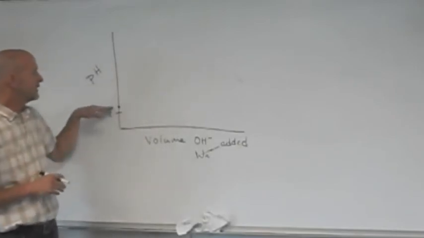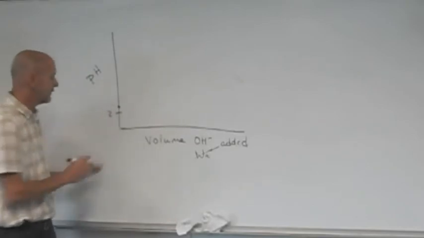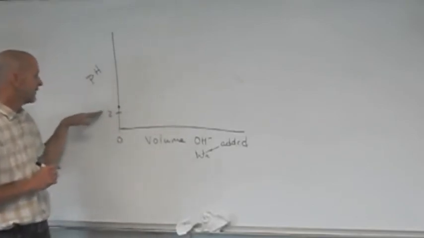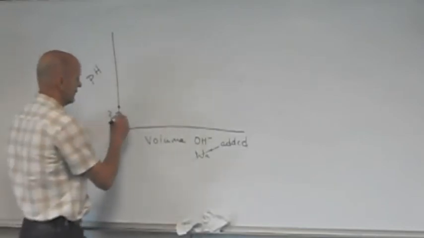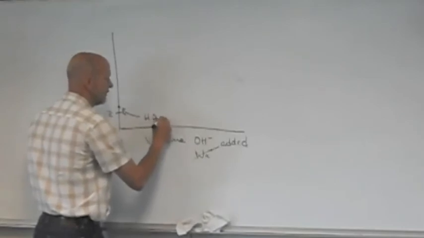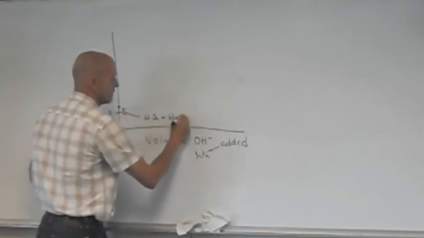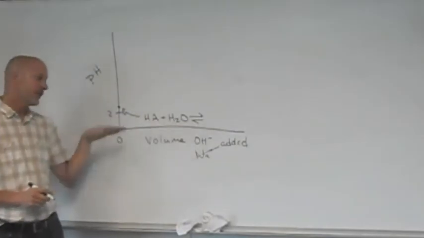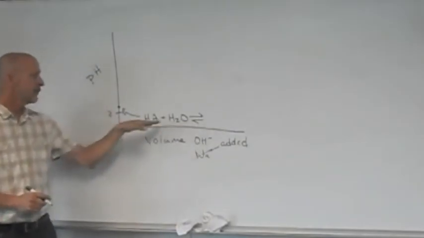What do I have to begin with? I haven't added any hydroxide, so the volume added is 0. What I have at this initial point is a solution of a weak acid in water. I have an equilibrium situation of a weak acid in water.